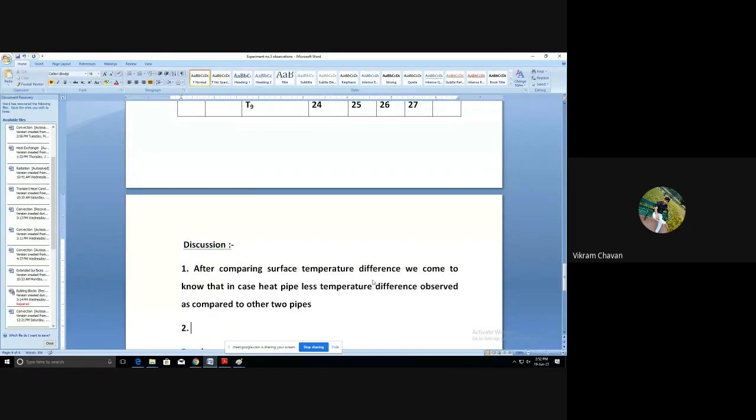Second, in case of heat pipe, the temperature of water is more as compared to the other two pipes.